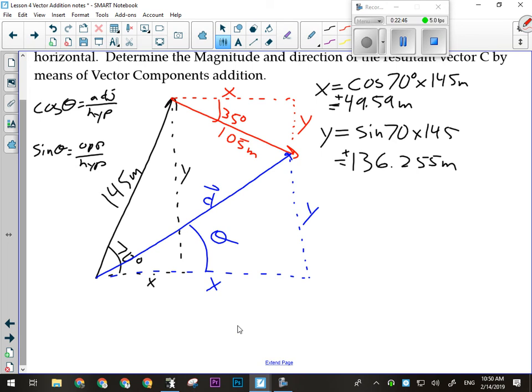All right, so in the red triangle, x is, again, which side? Adjacent or opposite? It's adjacent, it's touching the angle, right? So I'll use cos to get it. I'm going to go cos of 35 times the hypotenuse, which is 105.